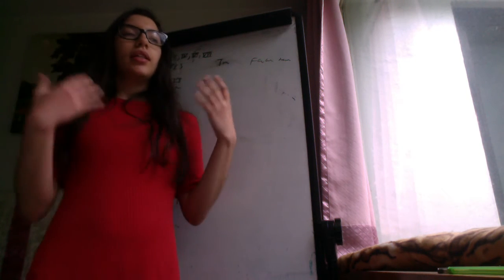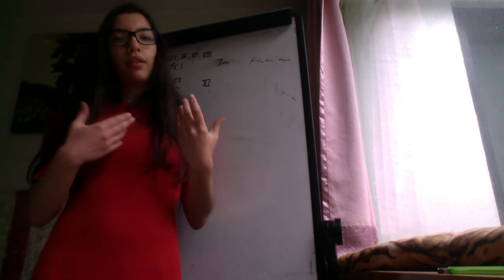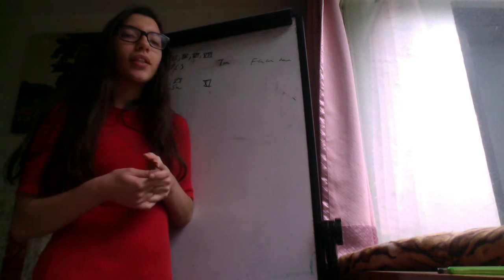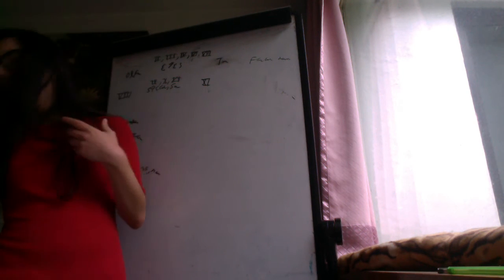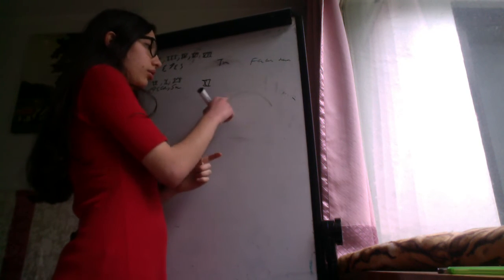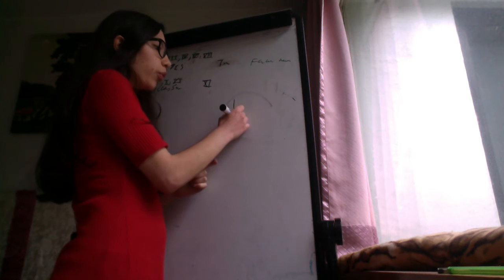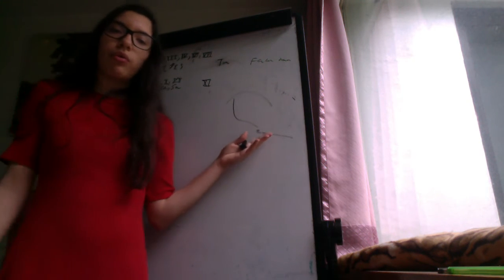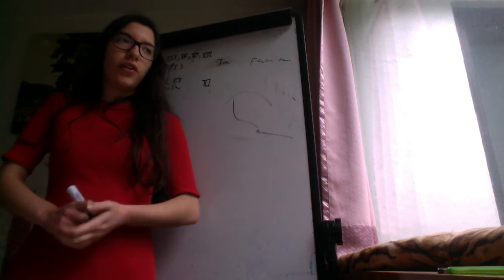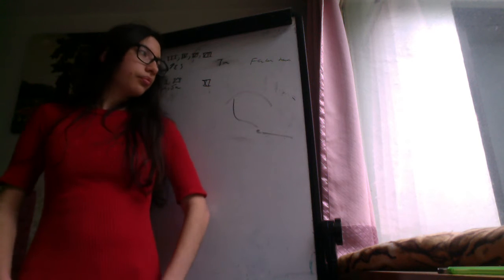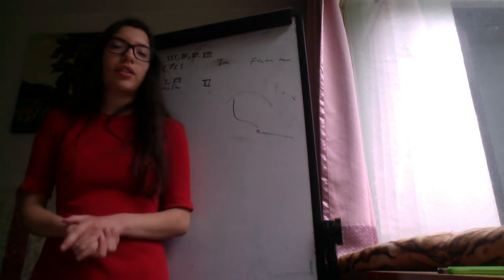Now, if there is damage to the seventh cranial nerve pathway, because we have the cortex, this is the upper motor neuron. This is the lower motor neuron, and here we are not talking about the anterior horns of the spinal cord.